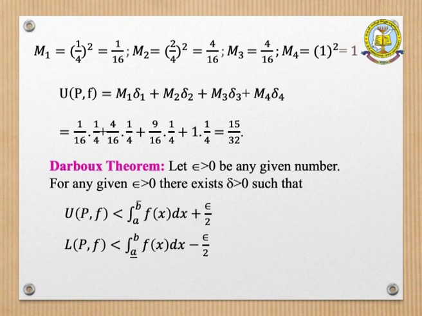After finding M1, M2, M3, M4, it is simple multiplication only. What is UPF? It is capital M1 delta 1 plus capital M2 delta 2 plus capital M3 delta 3 plus capital M4 delta 4. So, this is your UPF. If you observe carefully, definitely your LPF is less than or equal to UPF.